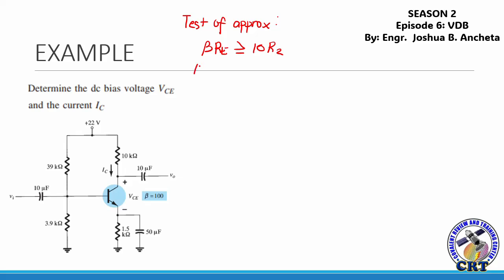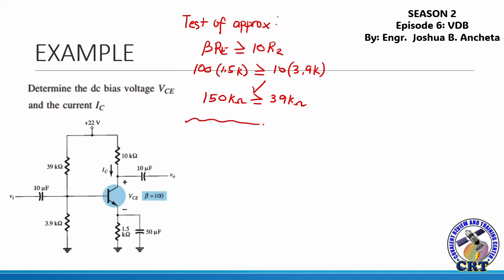Beta is 100, RE is 1.5 kilo ohms, greater than or equal to 10 times R2, which is 3.9 kilo ohms. As you can observe here, we have 150 kilo ohms greater than or equal to 39 kilo ohms, and the condition is satisfied.